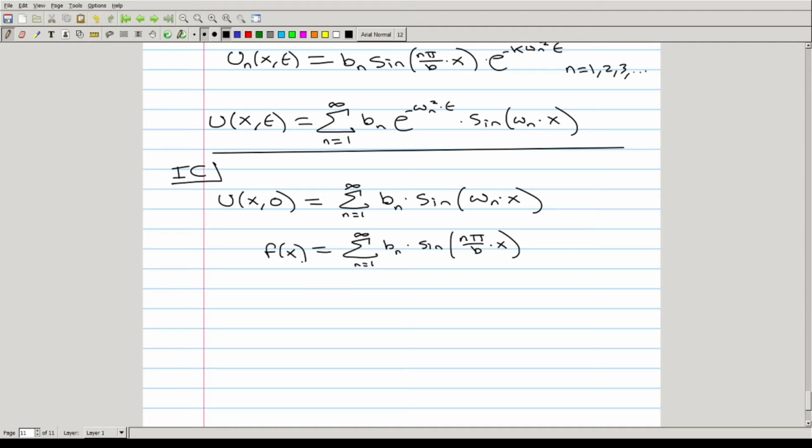And based on our previous work, we recognize this immediately as the Fourier sine series, being the odd Fourier extension of f of x. So the Fourier series converges to f of x on the interval from 0 to b.